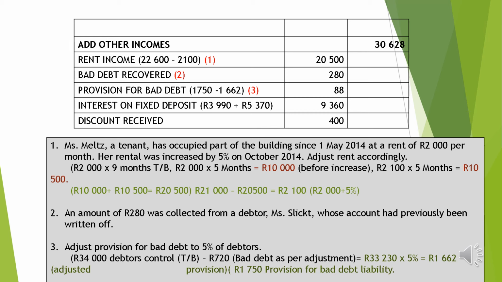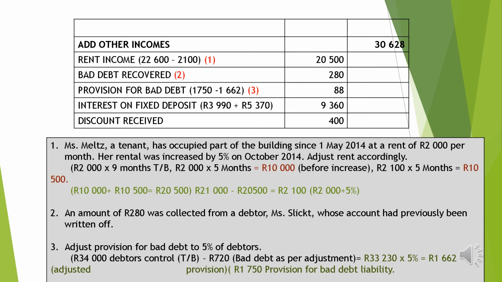Okay, so during the year, we had this tenant that was occupying this part of the building and was paying 2,000 rand per month. Her rental was increased by 5% on October 2014. Adjust rent accordingly.